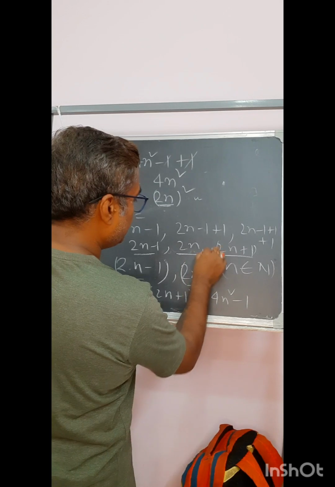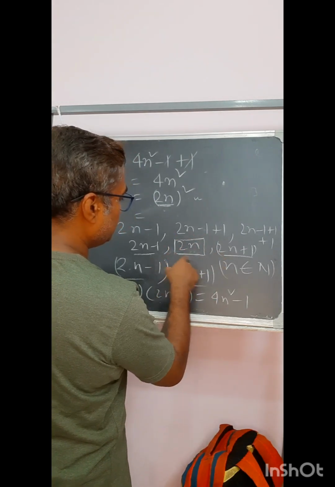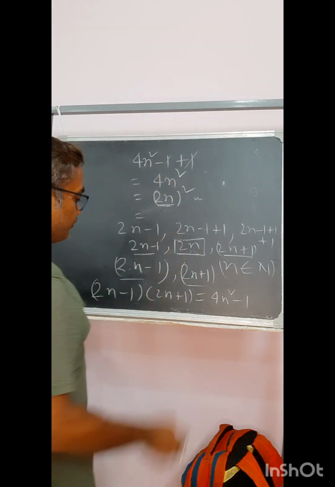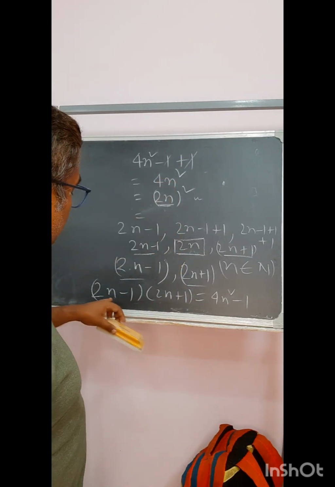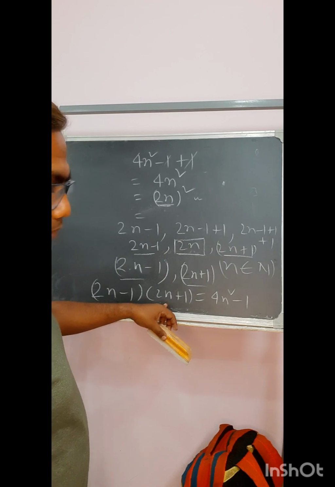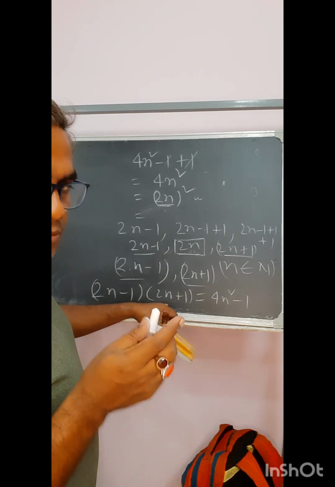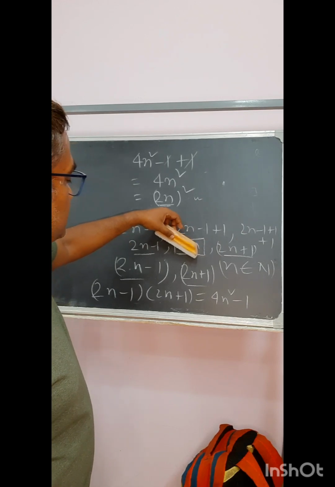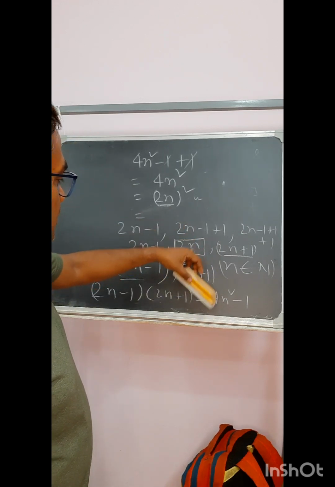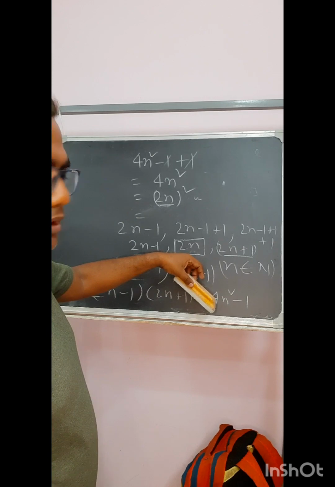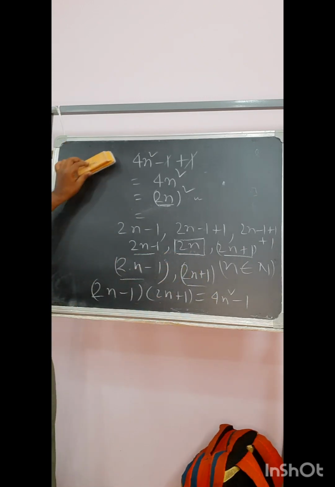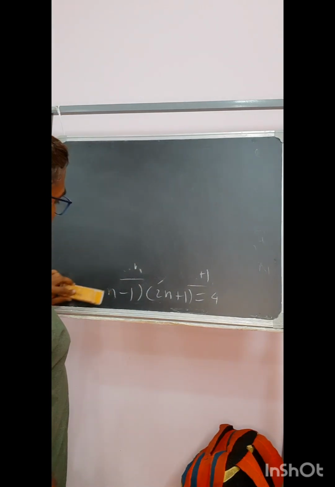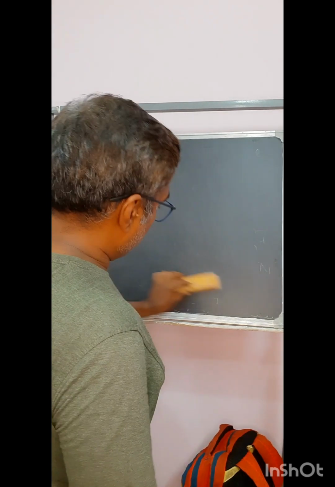This is definitely an even number lying between these two, and the result is 2n square. So hence proved: if 1 is added to the product of consecutive odd numbers, I will definitely get an even square, and the even number lies between these odd numbers. Okay.